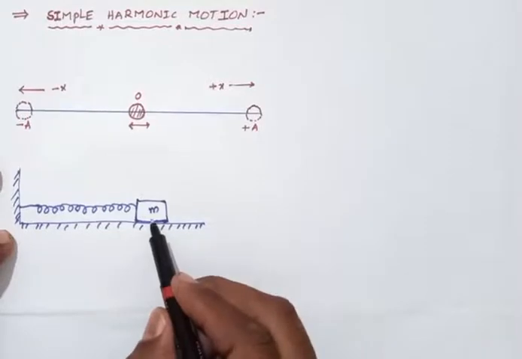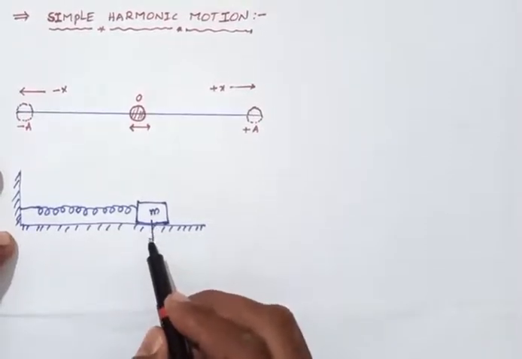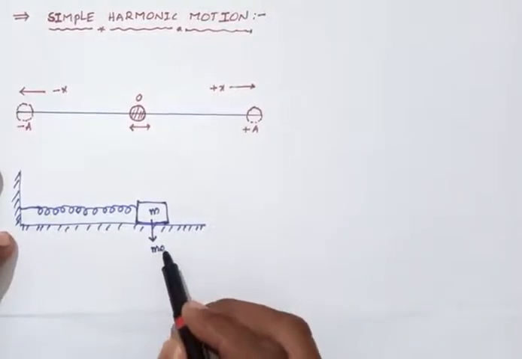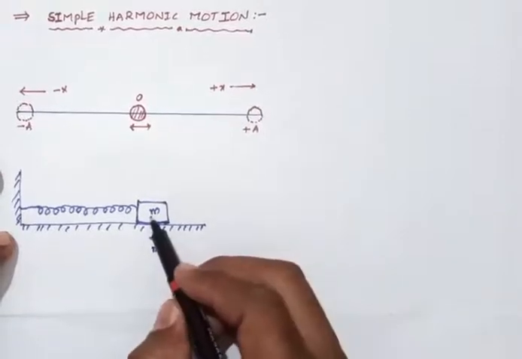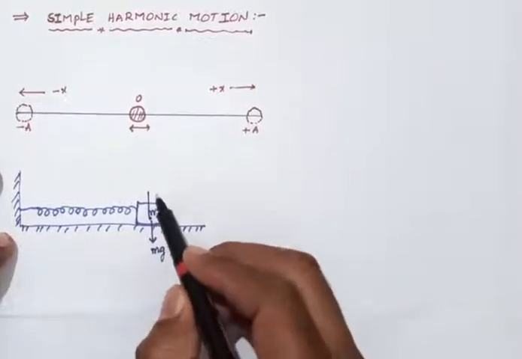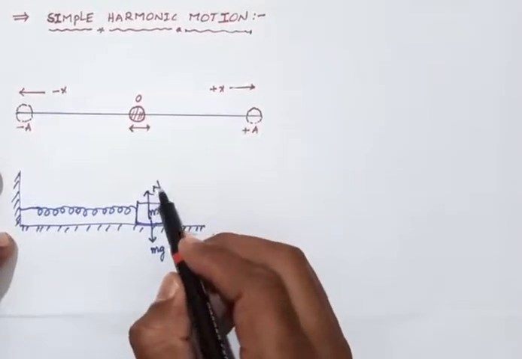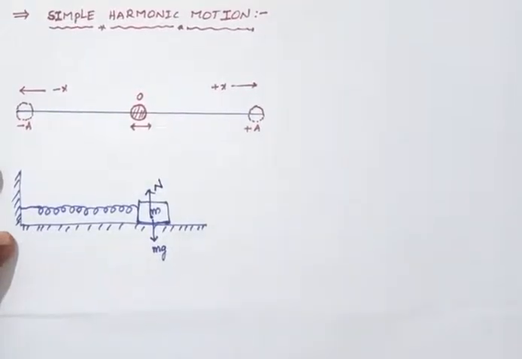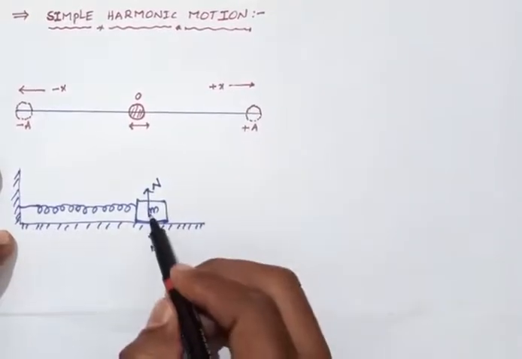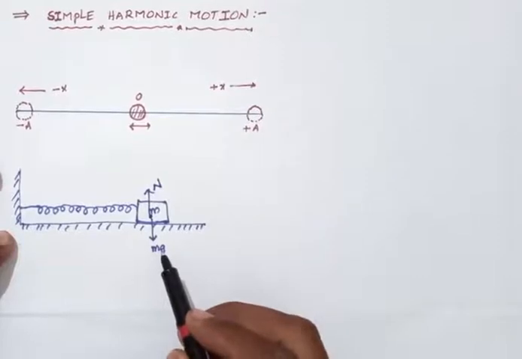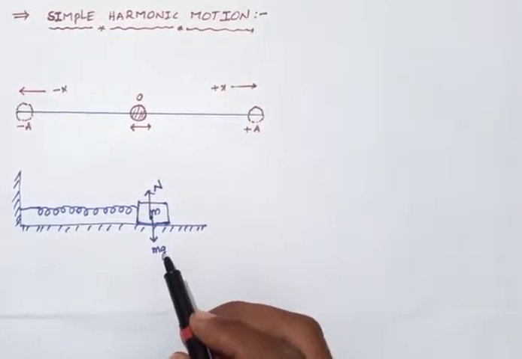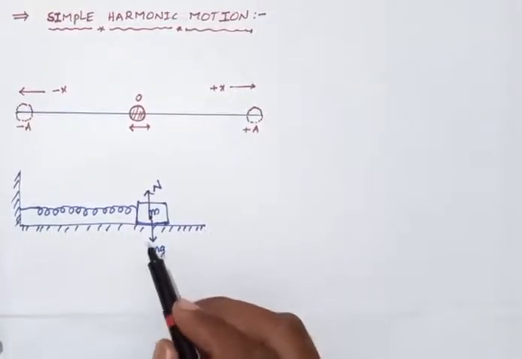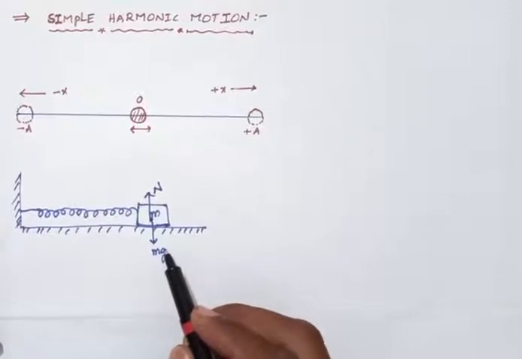First of all, this is the gravitational force, which we already discussed, and in the opposite direction is the normal reaction. This is the equilibrium position, also called the mean position.